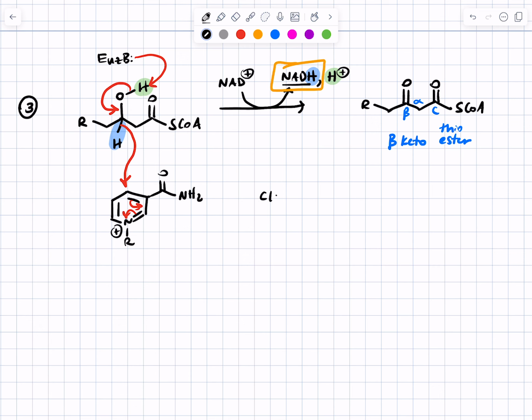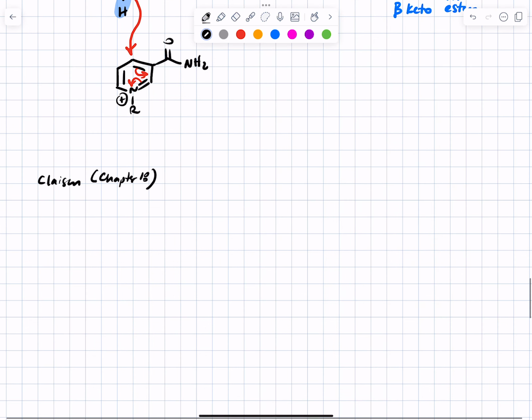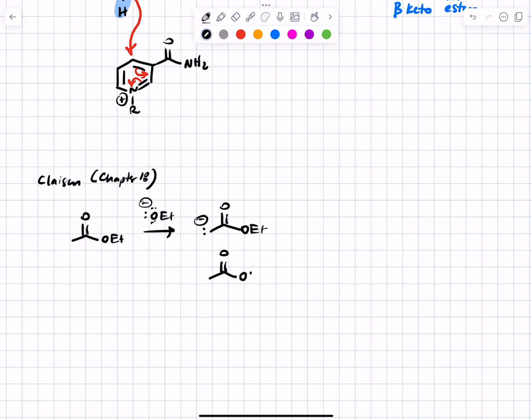So the Claisen reaction, you can look it up. It is in chapter 18. And just as a quick review, in the Claisen reaction, you started with an ester. You made, with a pretty weak base, a very small amount of enolate. Then that enolate reacted with another equivalent of ester, attacking the carbonyl carbon.